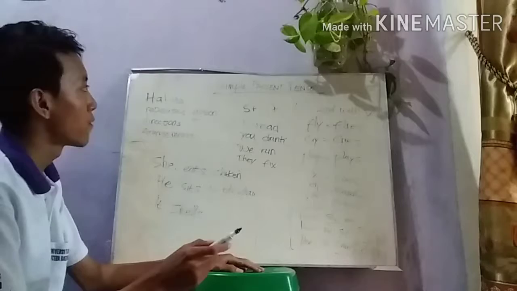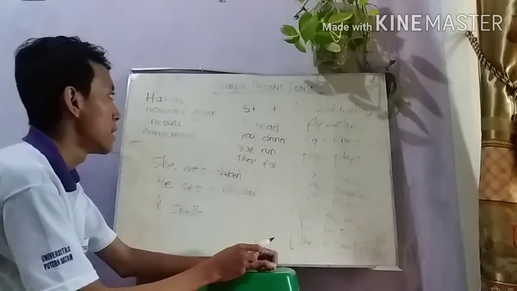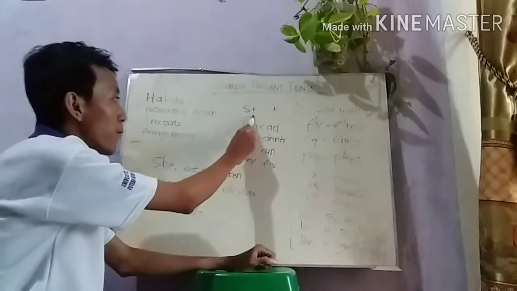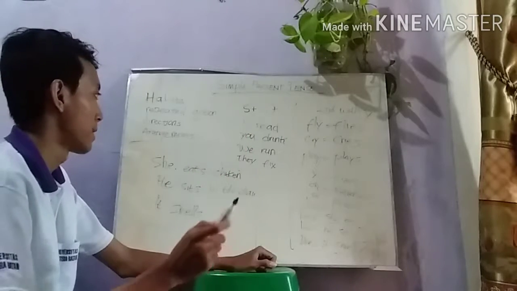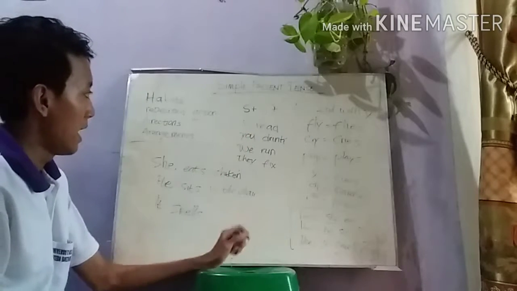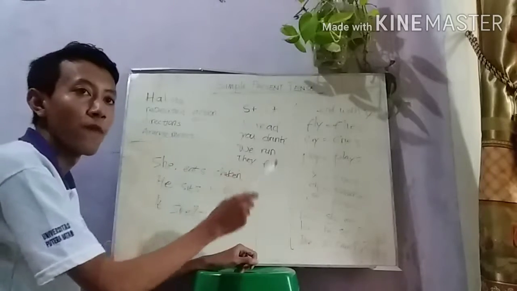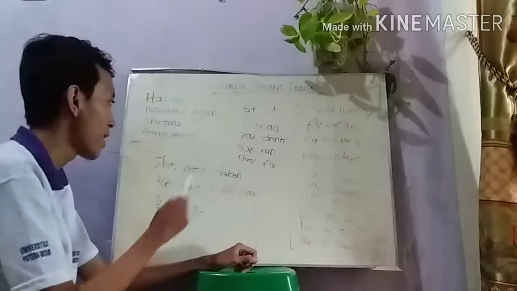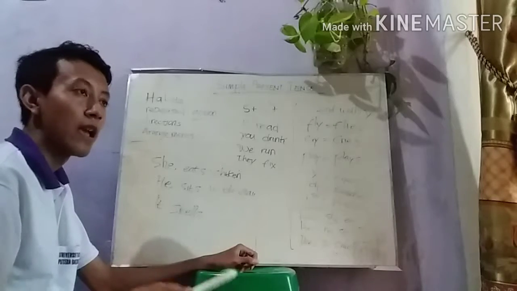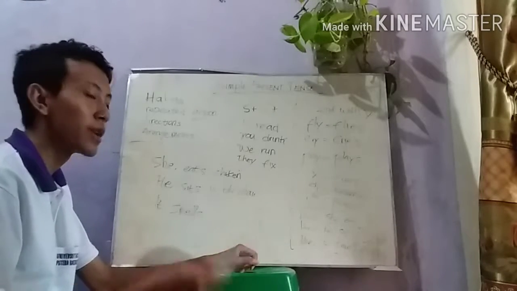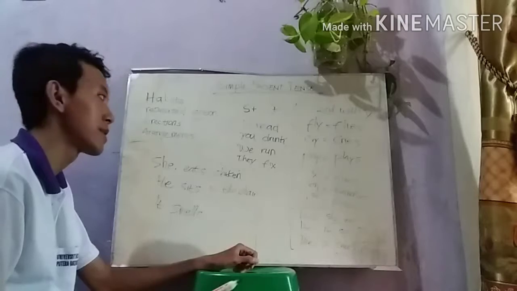And then the formula for simple present tense is subject plus verb one. Remember that. If the subject is I, you, we, they, we just use the simple form of the verb, like read, drink, run, fix. I read, I run, you drink, we run, we fix, I fix. That's okay.